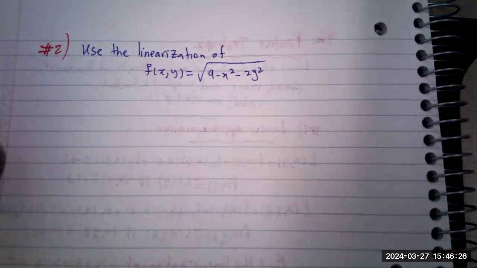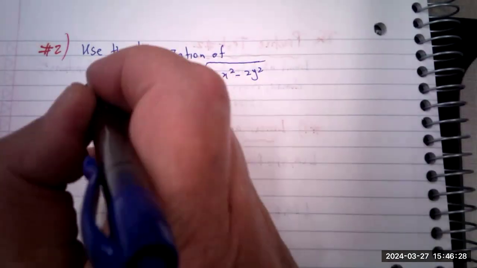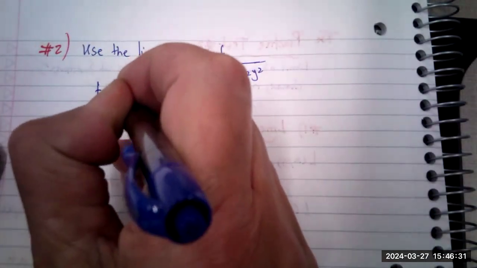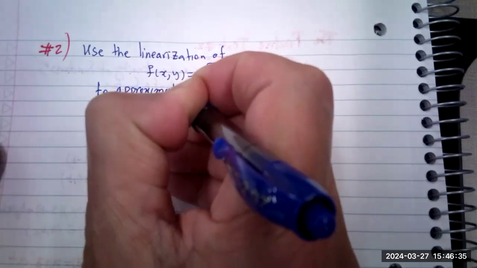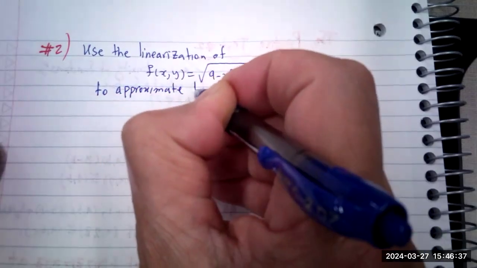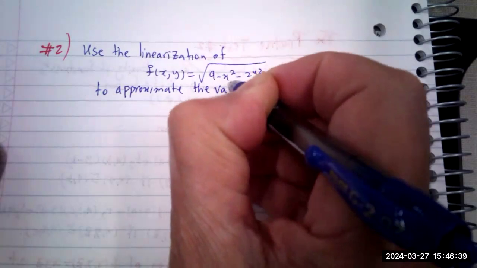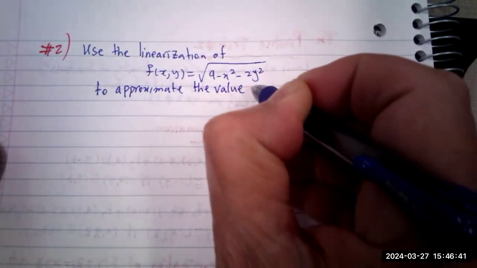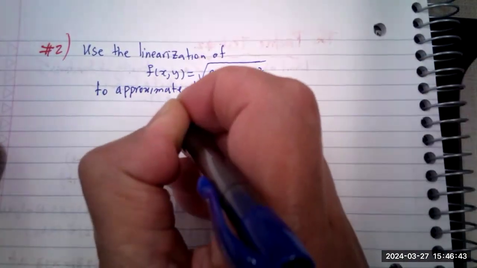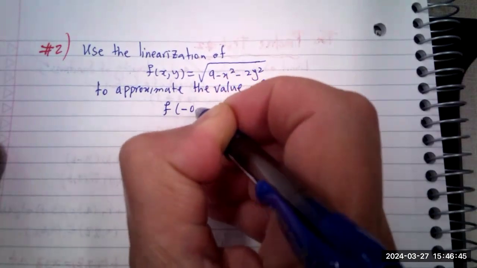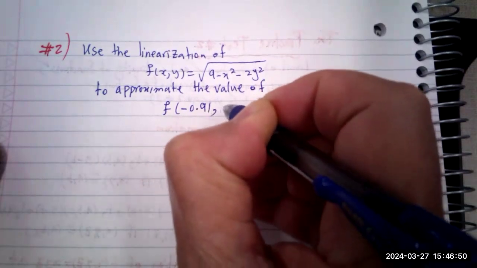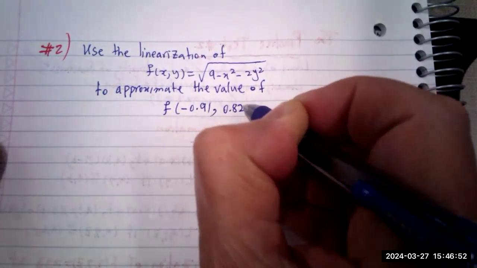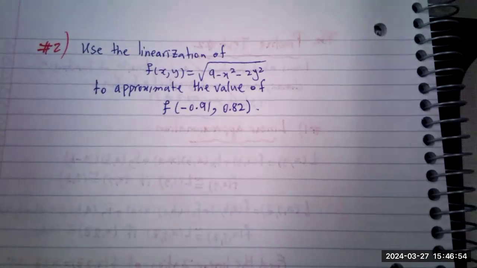Okay, use the linearization of this function to estimate, to approximate the value of f of negative 0.91, 0.82. See, this is the real problem.